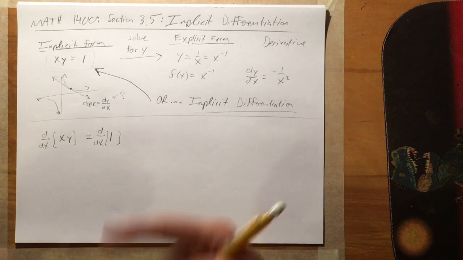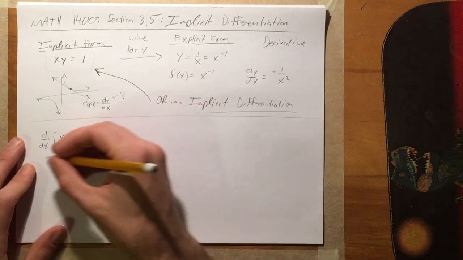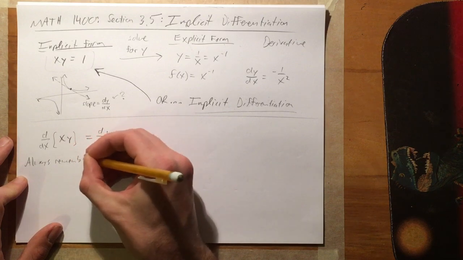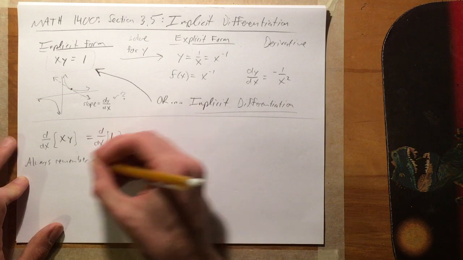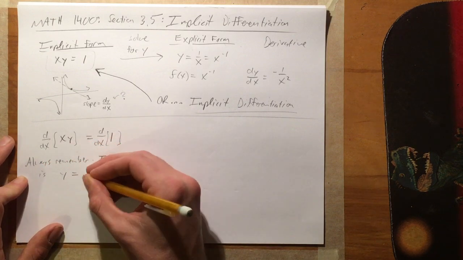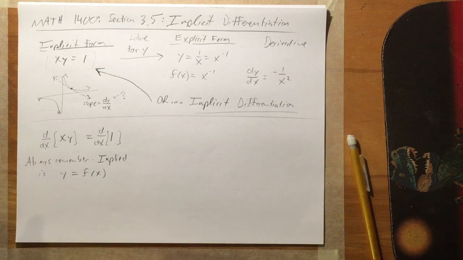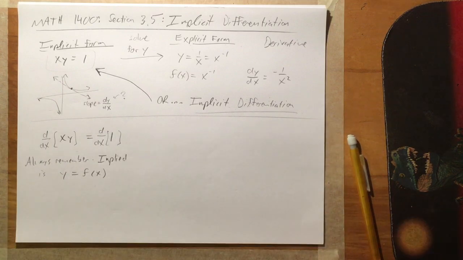Then we start applying differentiation rules. But as we do this, always remember that implied is that y is a function of x. It's not explicitly stated, right? And we haven't solved for y, so we don't have an explicit formula for what y is as a function of x.